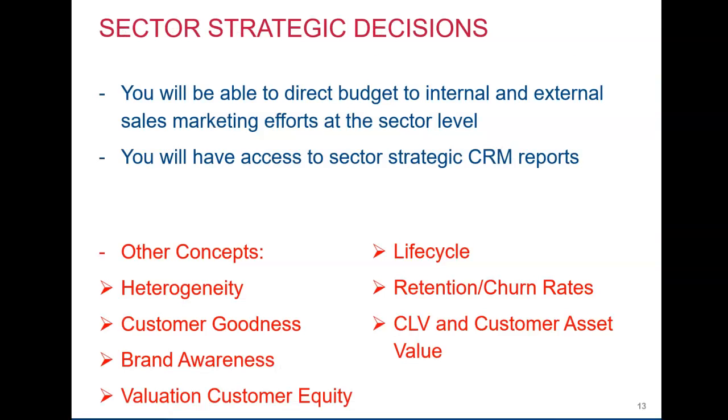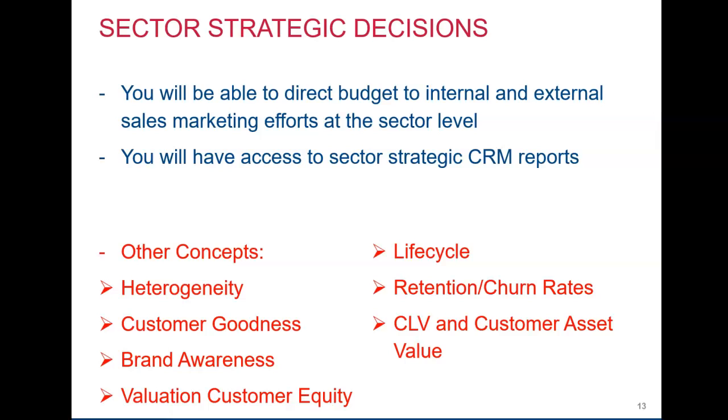Okay, so remember this. Now, the strategic decision-making process, if you want to invest in one of these, becomes available in period 1, right? This is where, at the very bottom, you'll be able to direct budget to internal and external sales. This decision also sometimes unlocks sector-specific CRM reports, which you again need to decide whether to purchase.